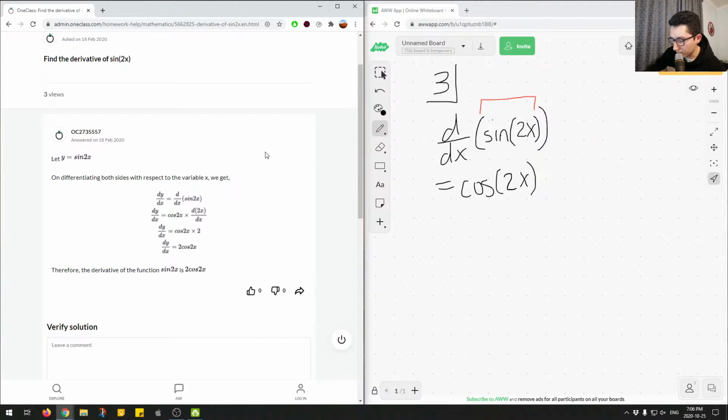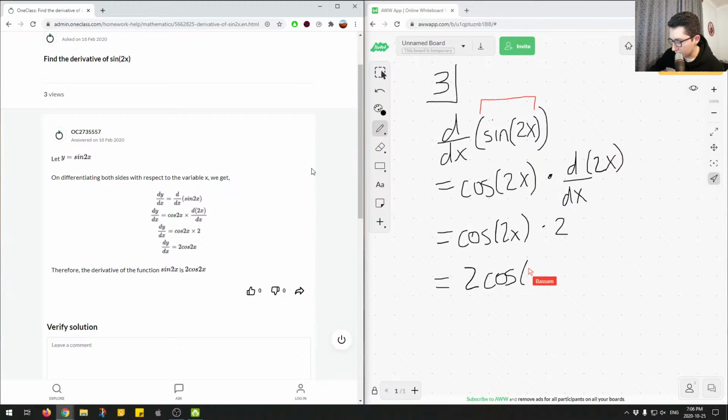Then you take the derivative of the inside, so we multiply by the derivative of 2x. We end up with cos 2x multiplied by 2, because the derivative of 2x is just 2, and you get 2 cos 2x. That's how you get to the derivative solution.